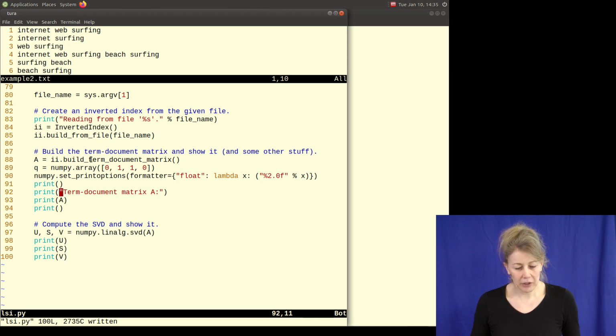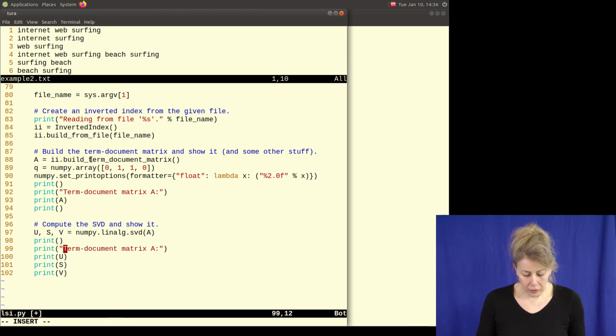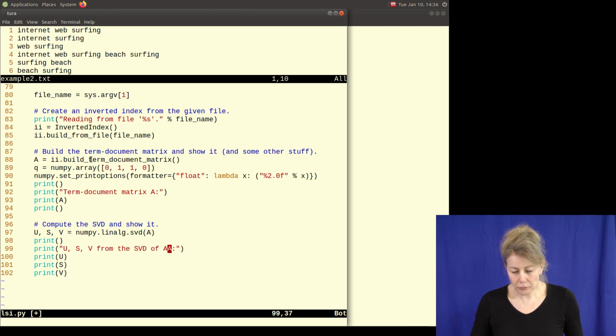So let's also write, this is U, S, V from the SVD of A. And let's also do an empty line here so that it looks nicer.